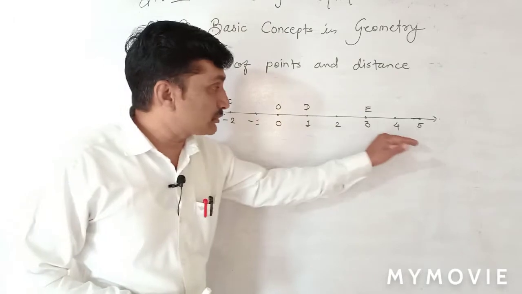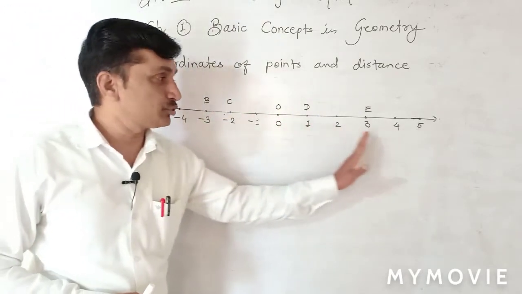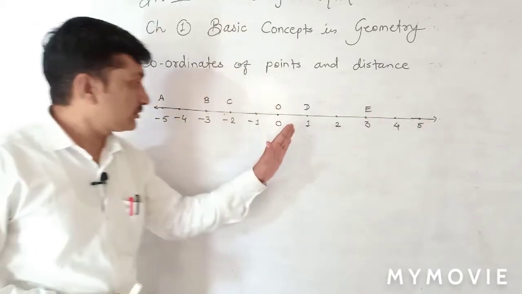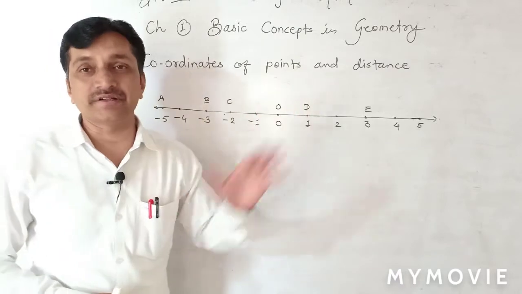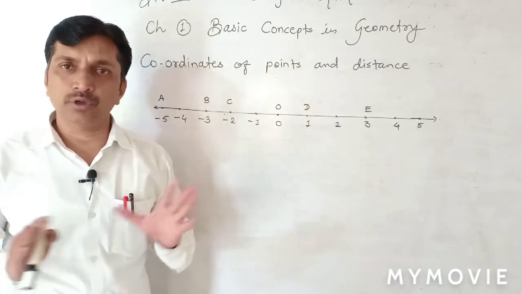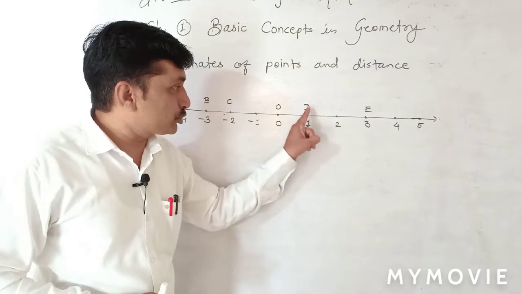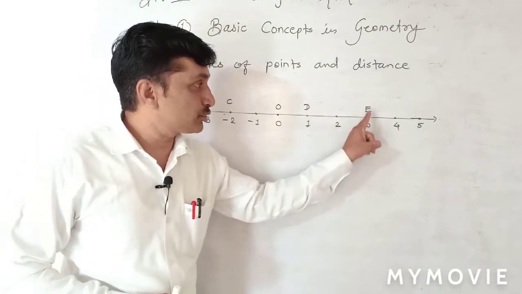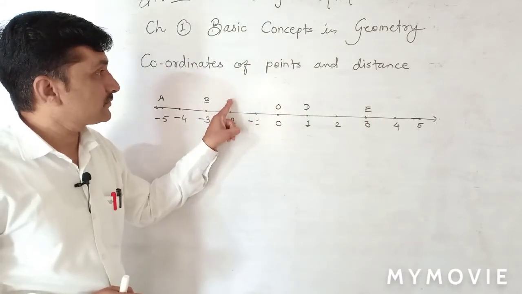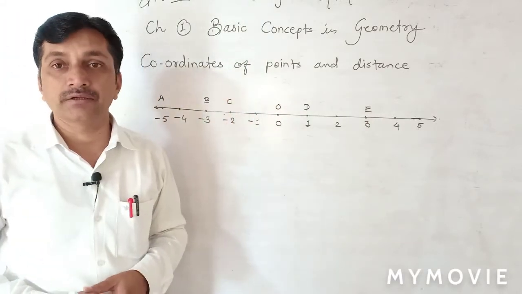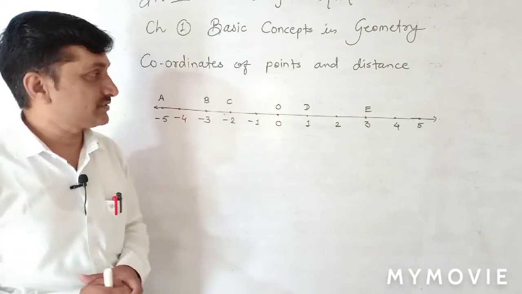These numbers are called coordinates. 0, 1, 2, 3, 4, 5, infinite, and here minus 1, minus 2, minus 3, minus 4, minus 5, these are called coordinates. All are coordinates. And 1 is denoted by D, 3 is denoted by E, and minus 2 is denoted by C. These are points.